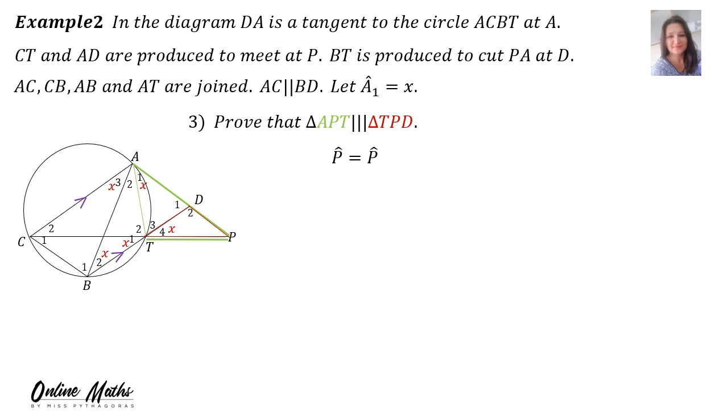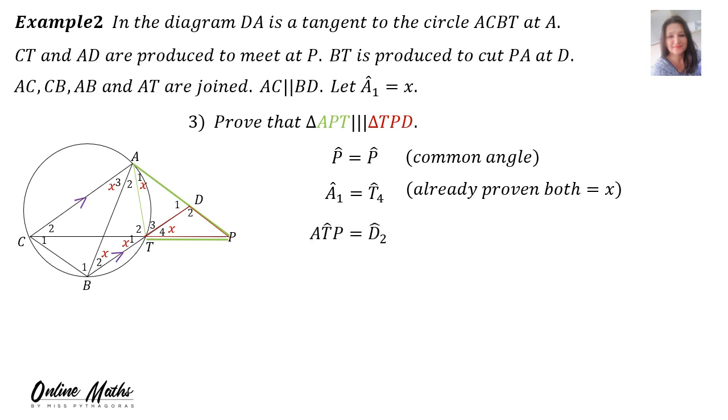Now we can say that angle P is the common angle, and then we actually only have to look for one other angle, and this was already there, that angle A1 is equal to angle T4, already proven they are both equal to x. And then without thinking, we can say the remaining angle ATP is equal to angle D2, and your reason, third angle of a triangle.